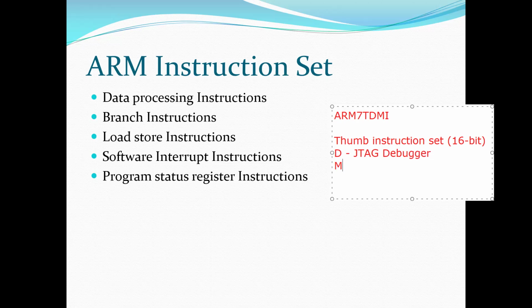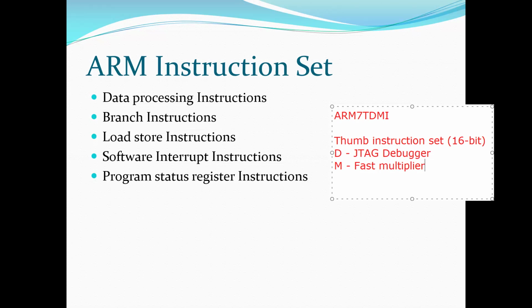And next, M stands for fast multiplier. As data is also 32-bit width in the ARM processor, when I perform a 32 by 32-bit multiplication, I need certain time. Each bit needs one clock cycle.